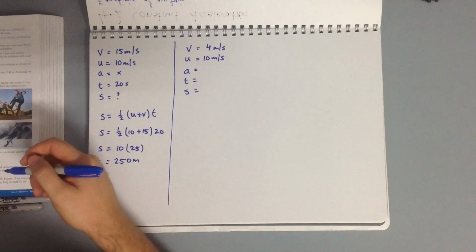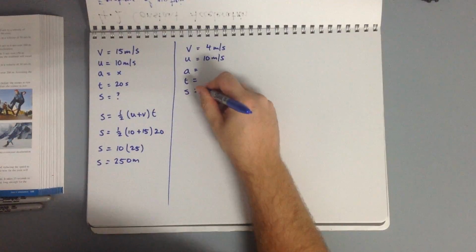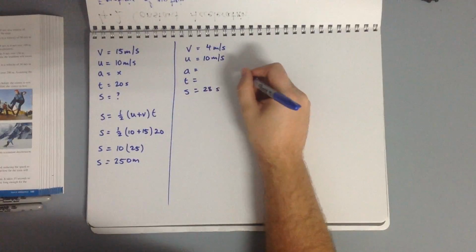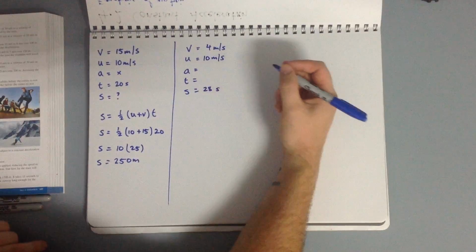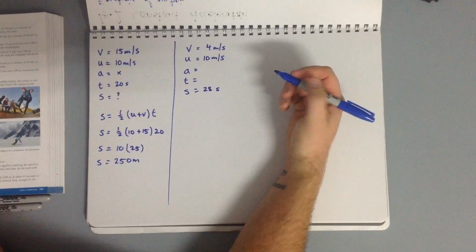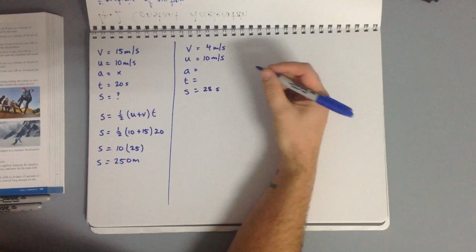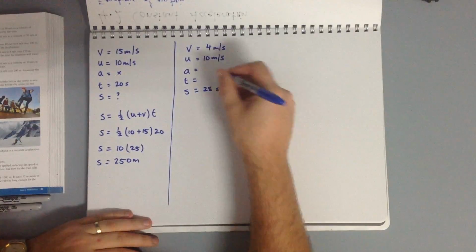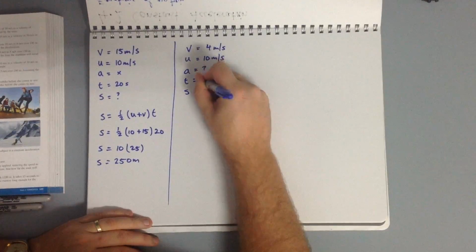We don't know A, but we know S is 28 metres. And we want to determine the deceleration, and how long the triathlete will travel. So we want both of these things.